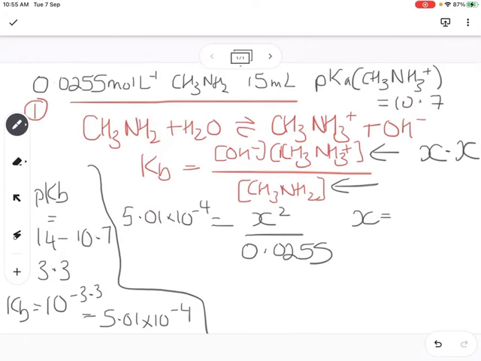0.0255 square root, so equals, so x equals 3.57 times 10 to the minus 3.